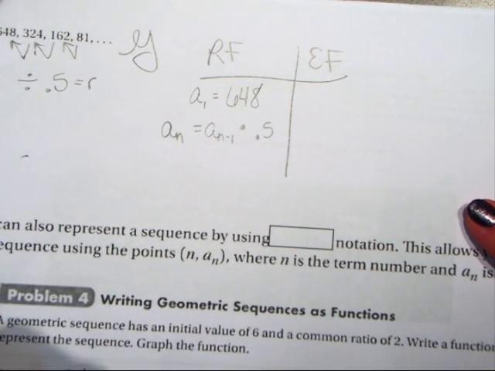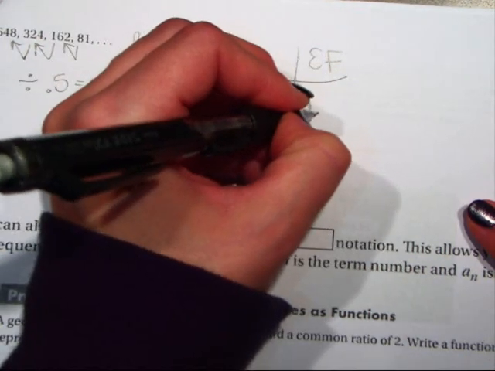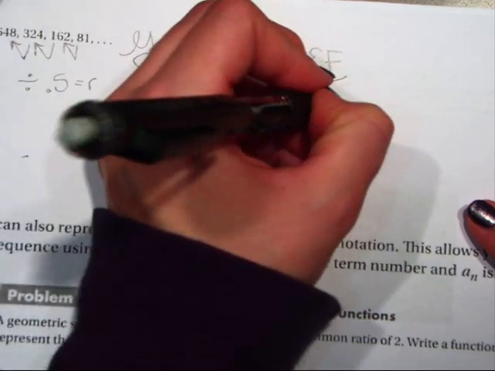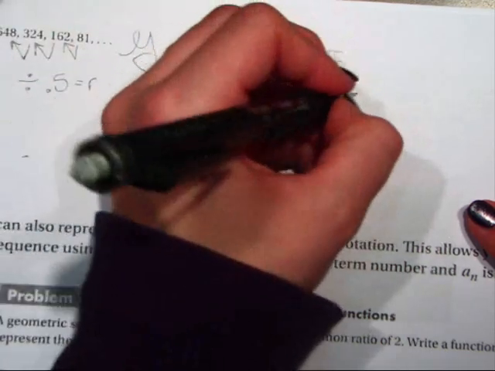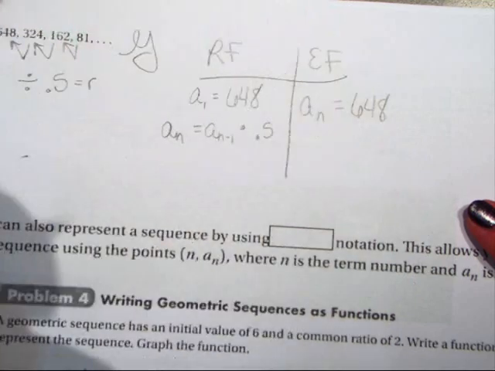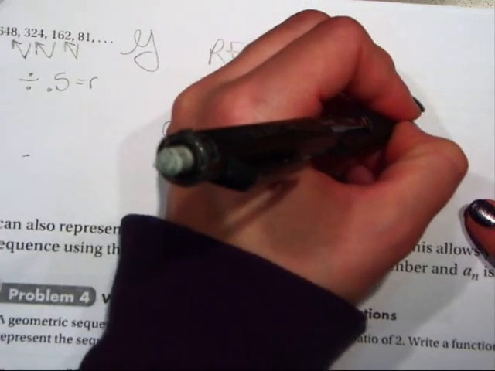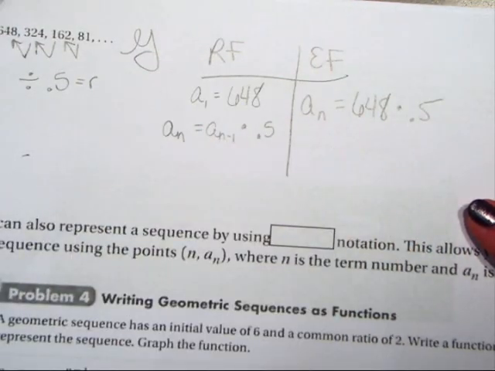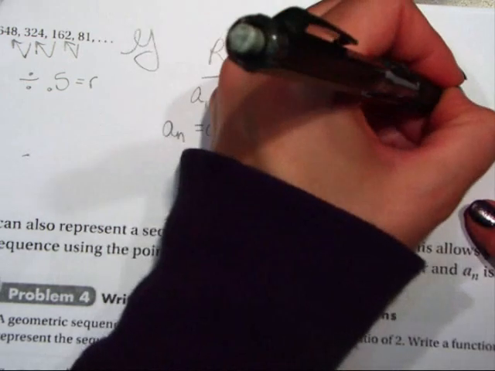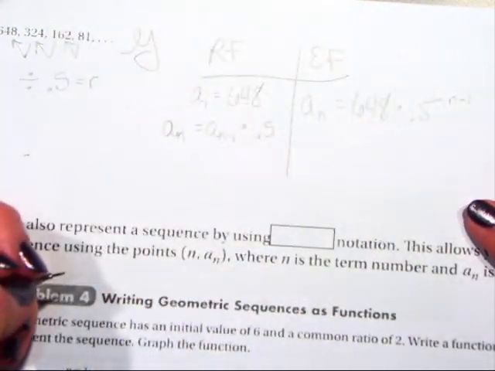Now for the better one, the explicit formula. To get anything you want, you need to take your first number, 648, times your common ratio, in our case 0.5, to the n minus 1 power.